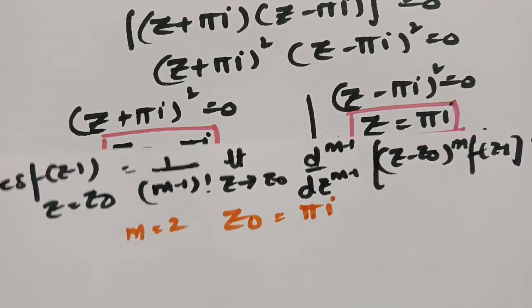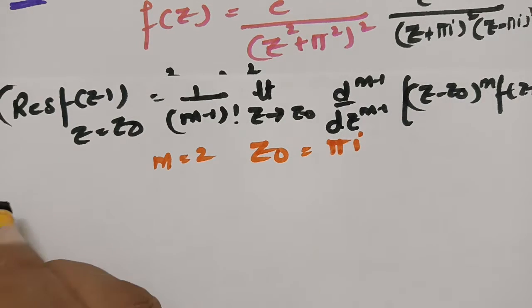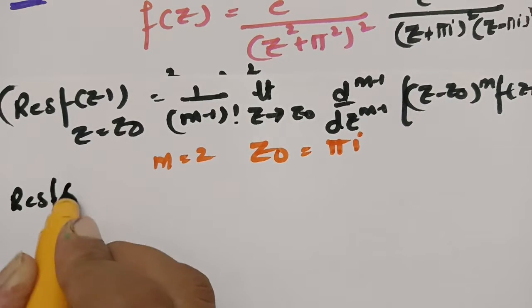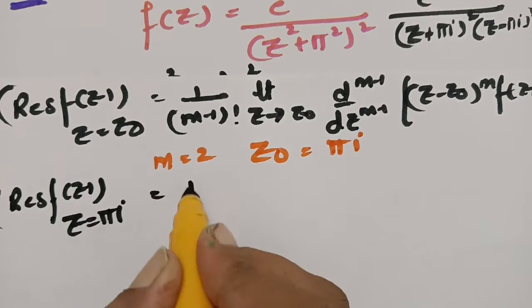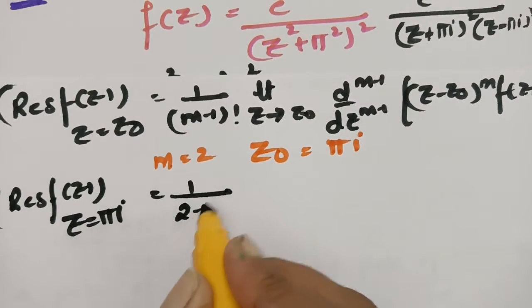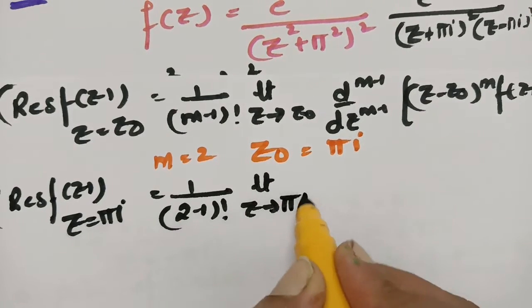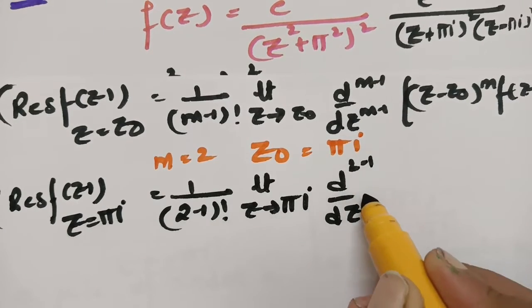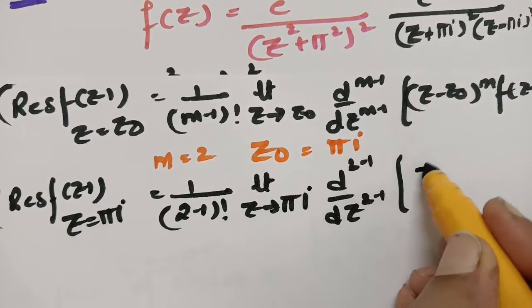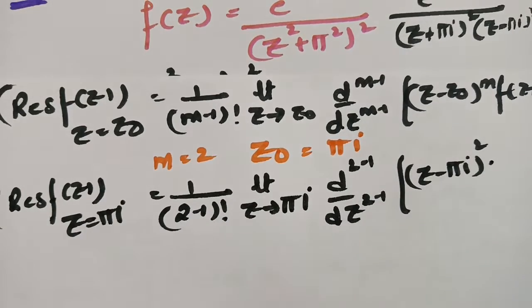And therefore, if I substitute all the values, the residue of f of z at the point z equal to plus pi i is nothing but, in place of m I am writing 2, and in place of z naught I am writing plus pi i: d by dz to the power m minus 1, and z minus pi i to the power m, that is squared, into f of z.